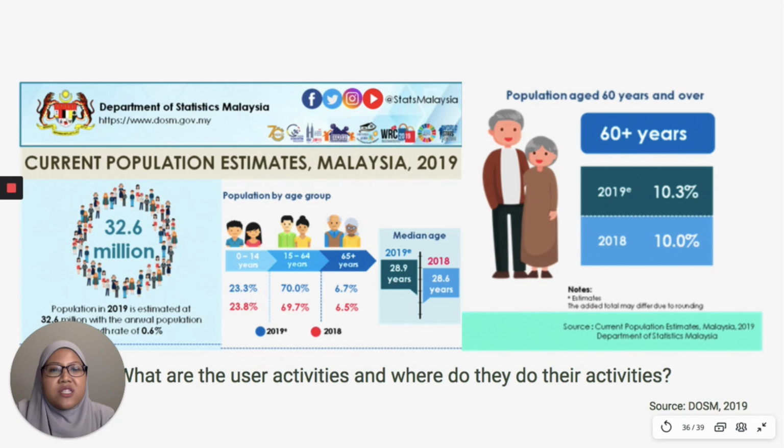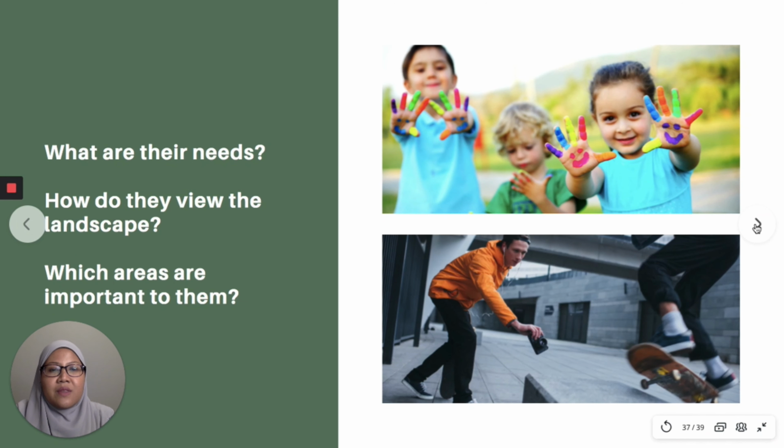So what are the users' activities and where do they do the activities? If we look into the different age groups, we can start to think of how they use the outdoor spaces and what we need to provide to accommodate their needs. If we take children versus youth, they might have different capabilities, different needs, and different preferences.